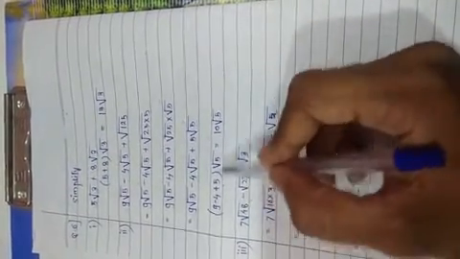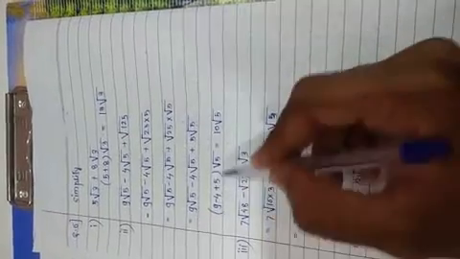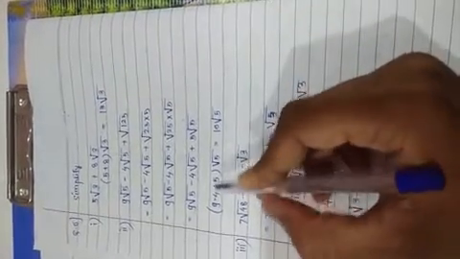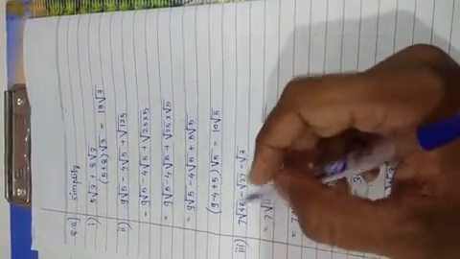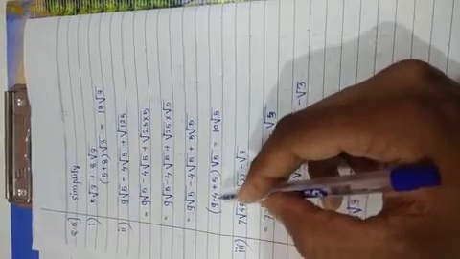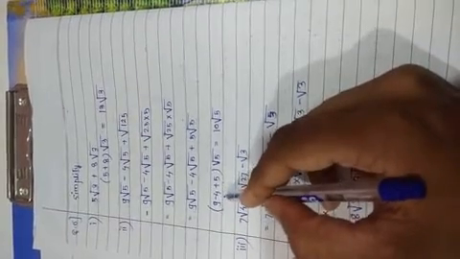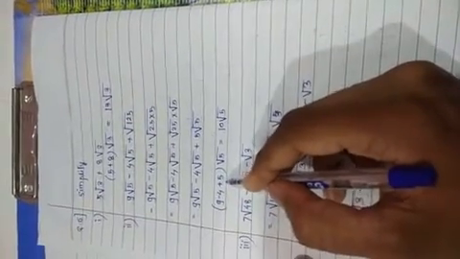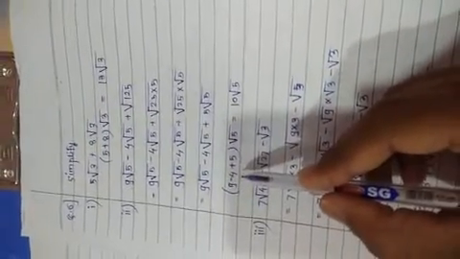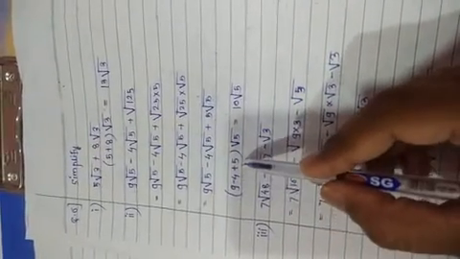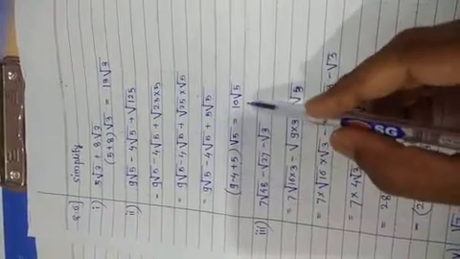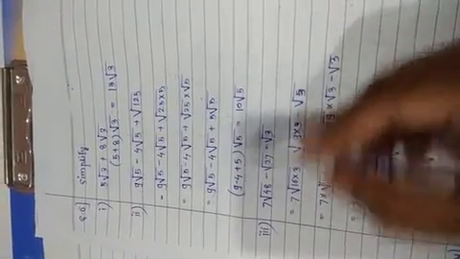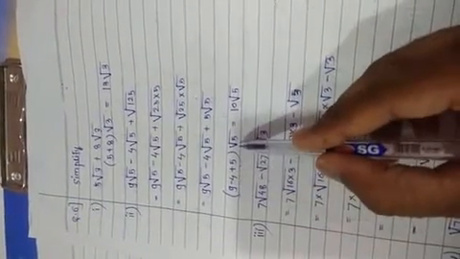So 9 minus 4 is 5, and 5 plus 5 is equal to 10 root 5. You just do the operation, and the common surd is root 5, so you just multiply that.